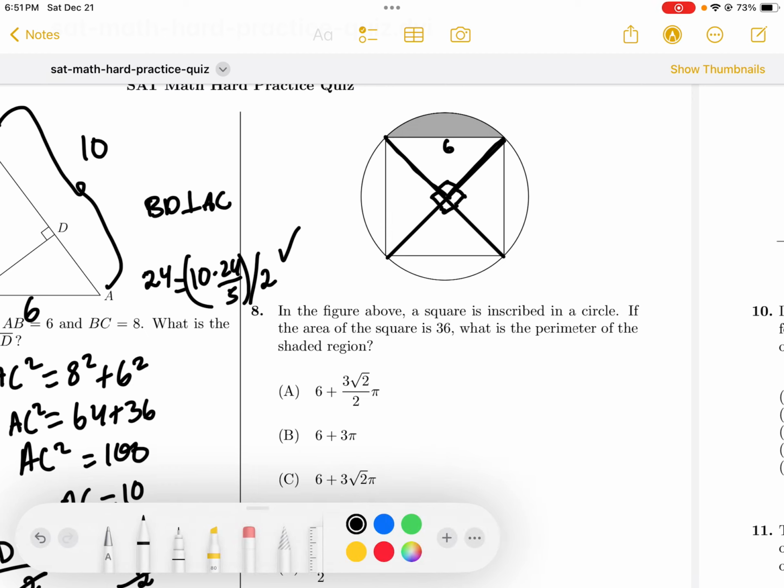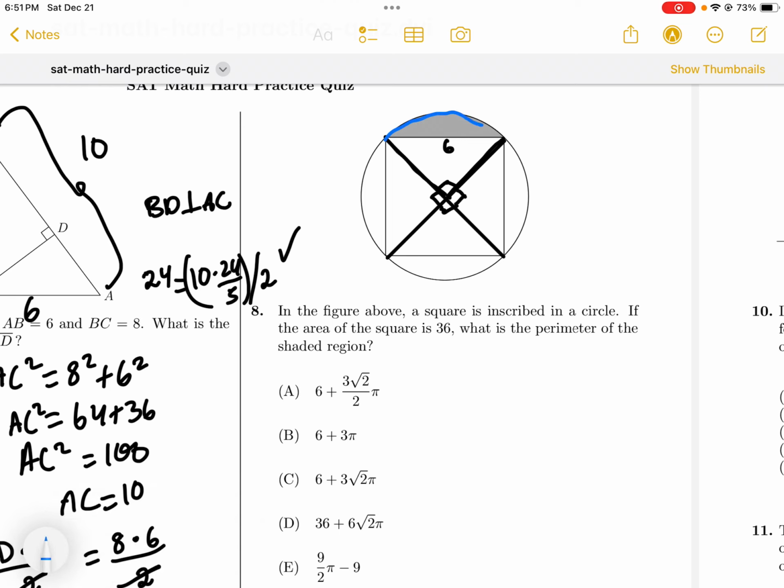Here, just a second. Let's do this. So then this region right here that I've highlighted in blue is a quarter circle of the circle that the square is inscribed in, right? The only problem is, we want to find this arc length.